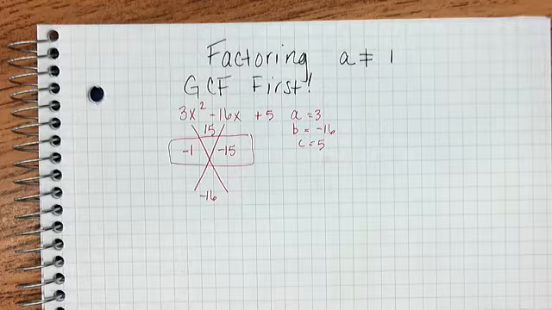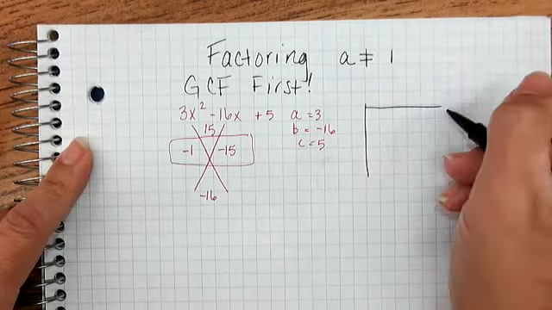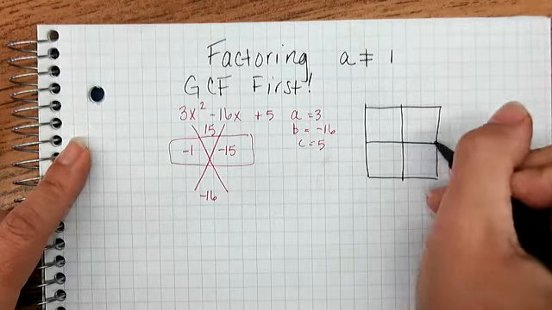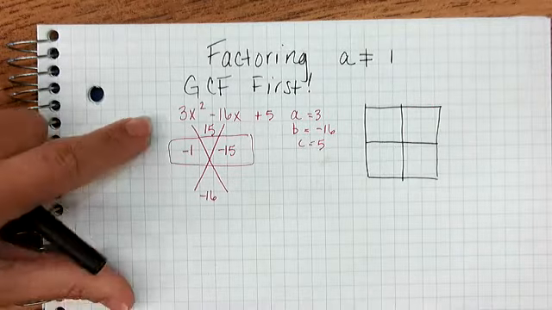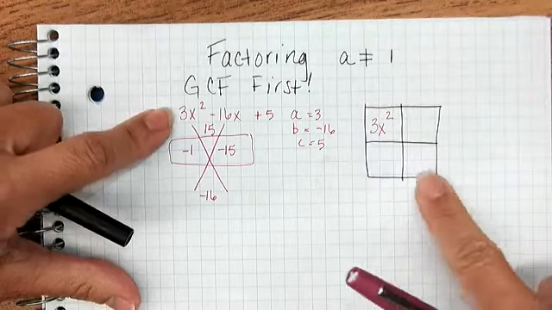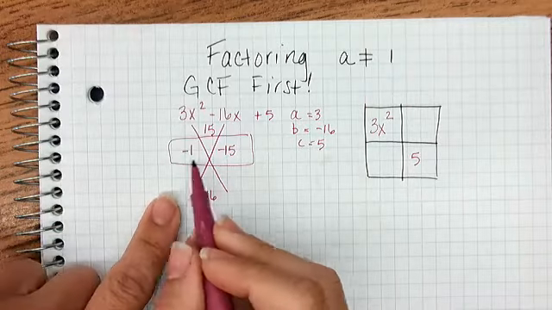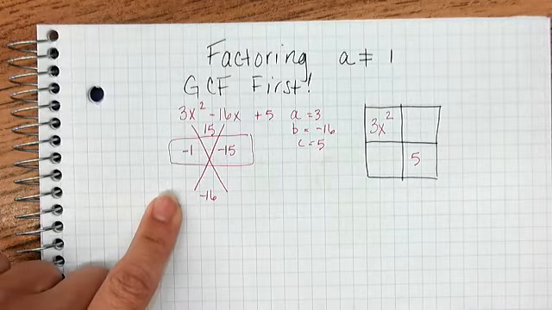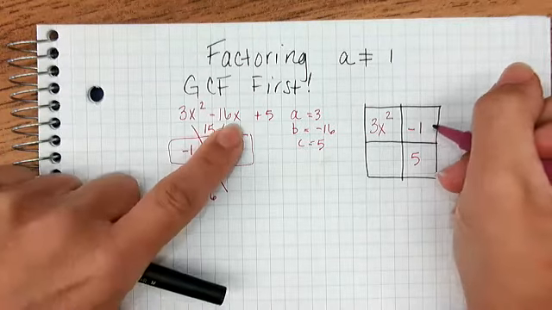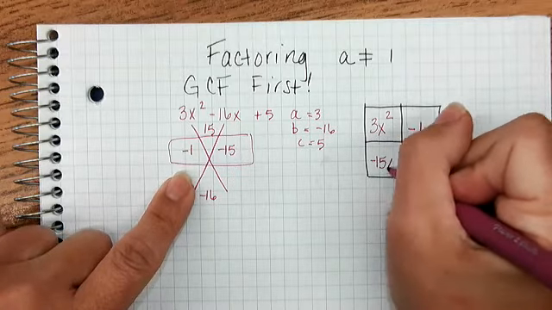Okay, those of you who learned the box, first box, first term, 3x squared. Last box, last term, that's 5. And then the order in which you put the negative 1 and negative 15 doesn't matter. So I'm going to put negative 1x and negative 15x.